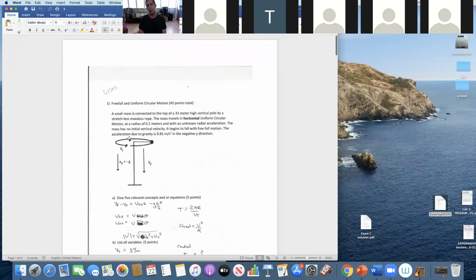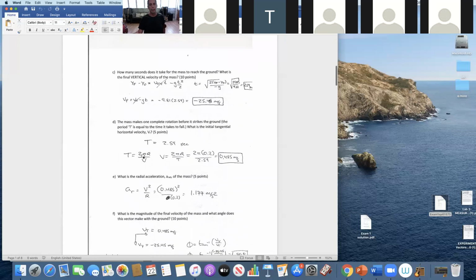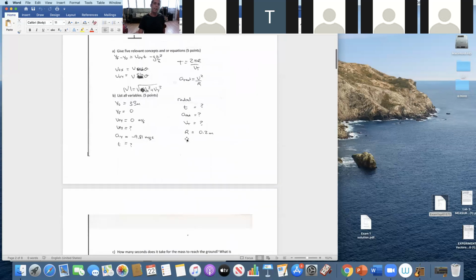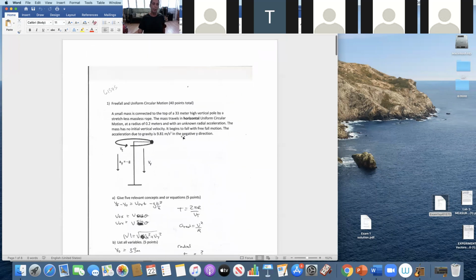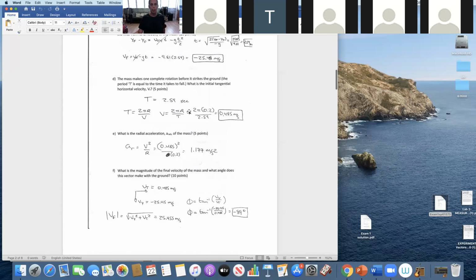This problem is a little unique because it's moving in uniform circular motion while falling, and you just treat the 2 motions as totally different, except for the time. The time that it takes to fall is also the time that it takes to make one complete circuit. The time of one complete circuit is the period. So from that period, and since we're given the radius, we're able to find the horizontal velocity.